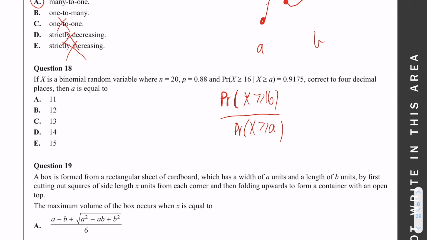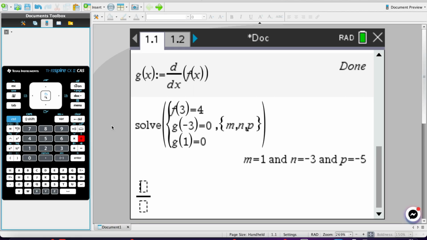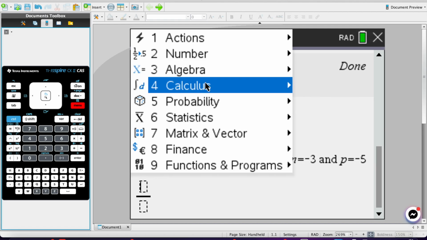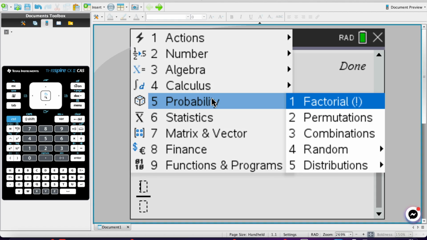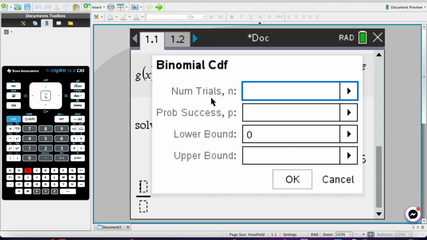So I'll just go back to the CAS for that. And I guess this one is probably the easiest to do as trial and error. On the top, we've got menu 5 for probability, 5 for distributions, and B for binomial CDF.